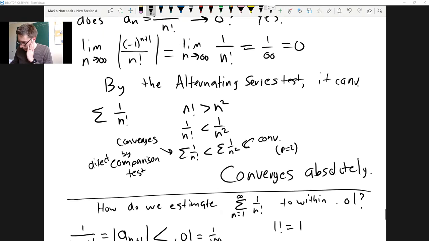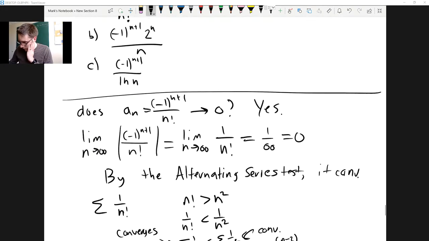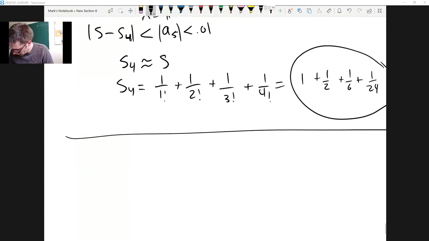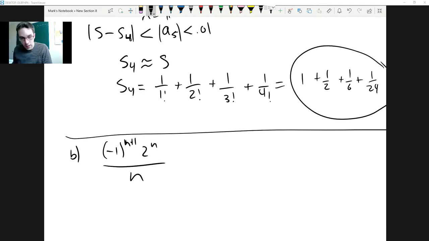The next one we wanted to look at was negative 1 to the n plus 1 times 2 to the n over n. And we'll first check to see if it converges. And the alternating series test requires that we show that the terms go to 0.